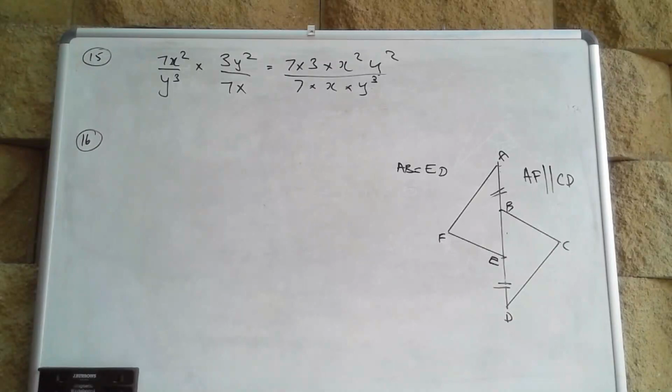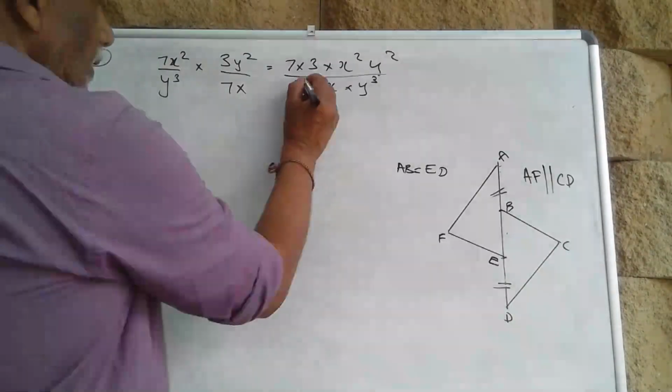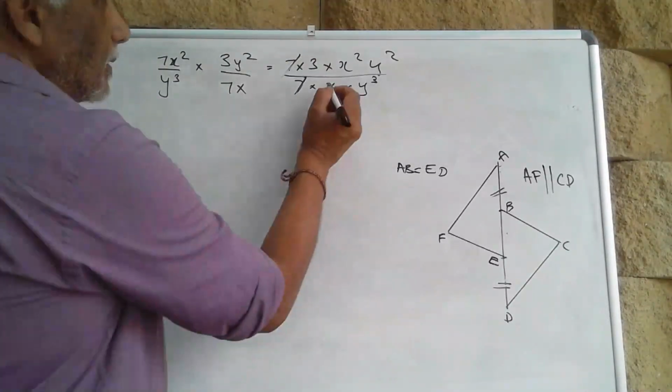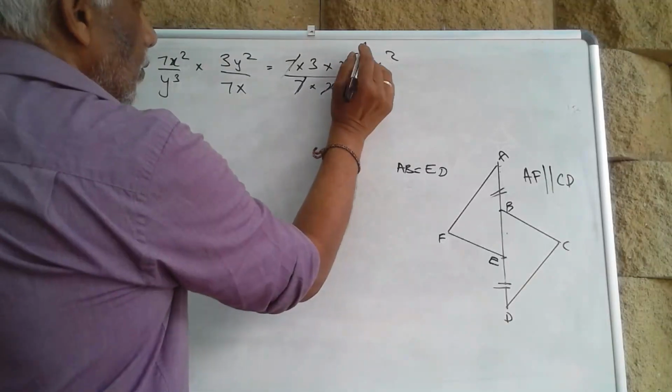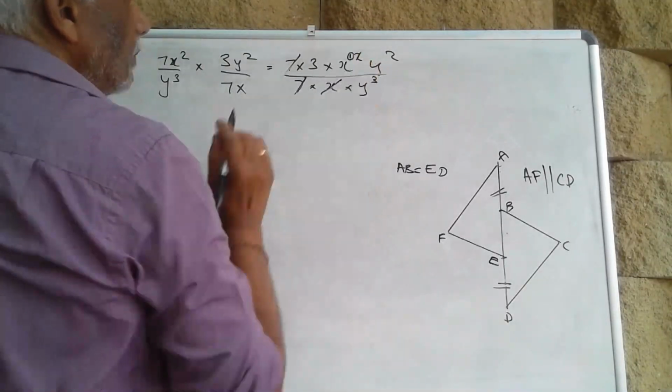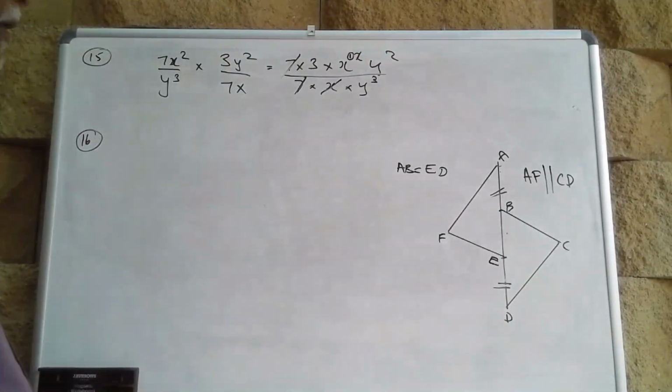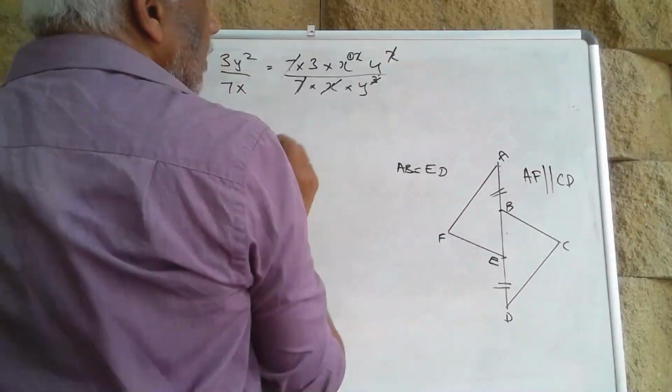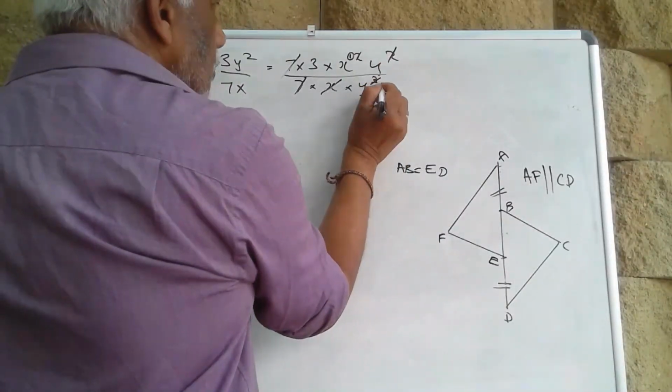It's easy for me to look at, right? So this 7 cancels that 7. This x will cancel, so it becomes 1 now.